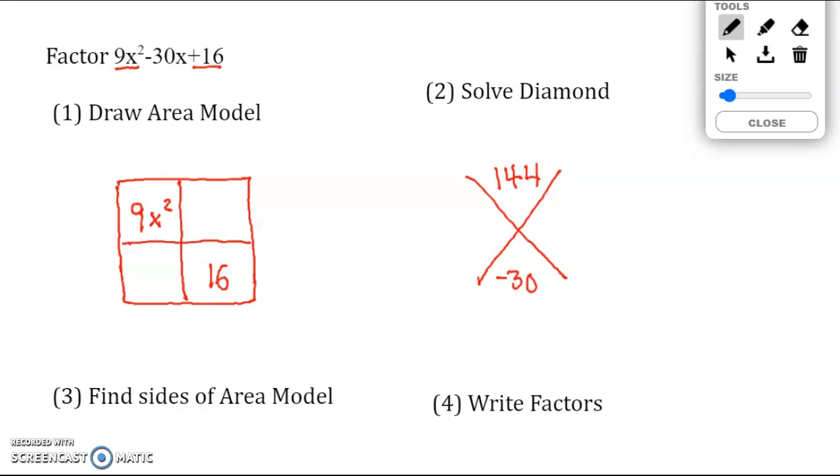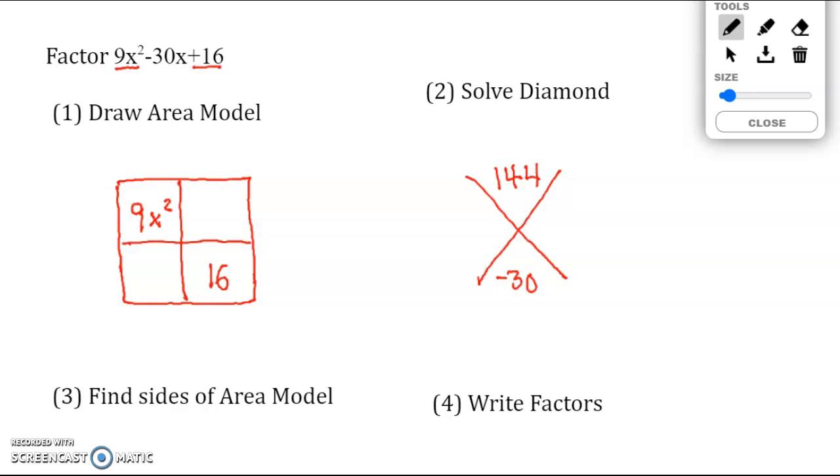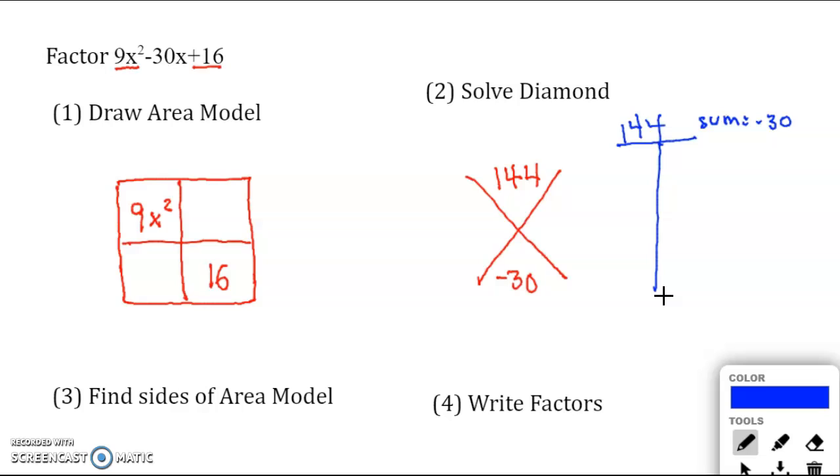Now we need to figure out the two numbers that need to fill in here. We're looking for factors of 144, but we want the sum to be negative 30.